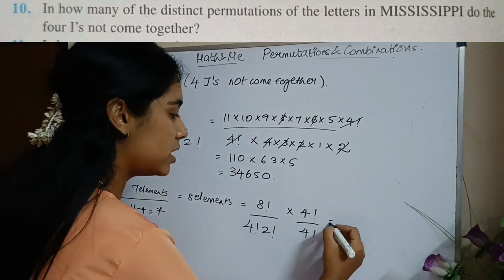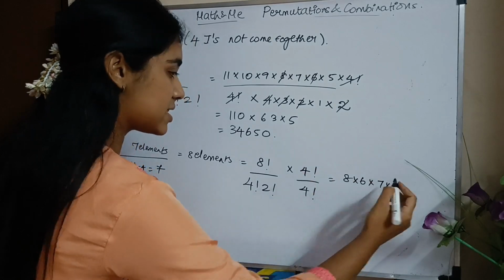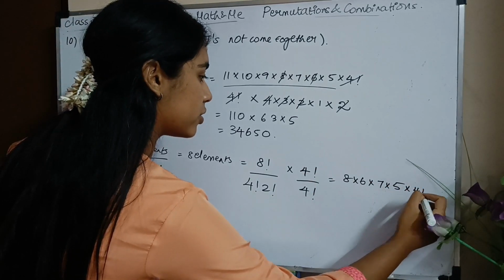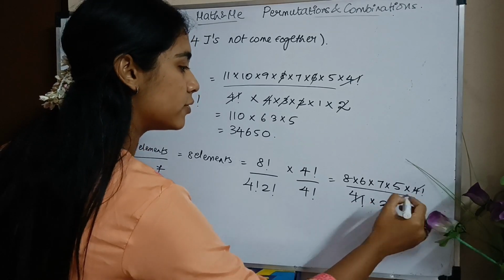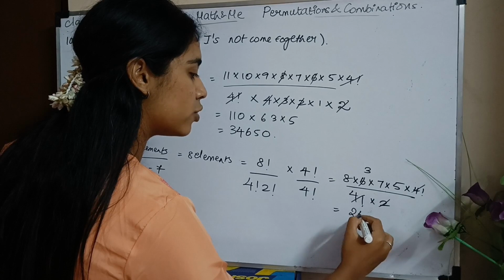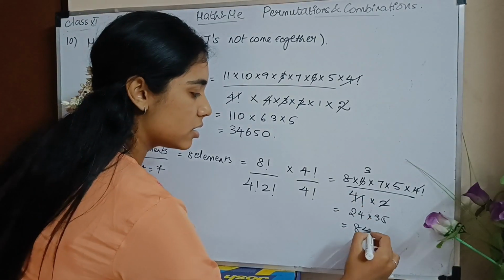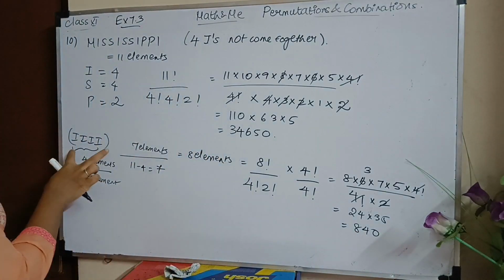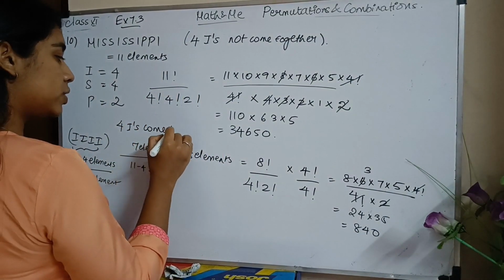8 factorial is 8, 7, 6, 5, 4 factorial divided by 4 factorial times 2 factorial, which is 2. So 4 factorial goes, 2 3s are 6. I'll be left with 8 3s are 24 times 35, which is 840. So this is when the 4 I's come together.